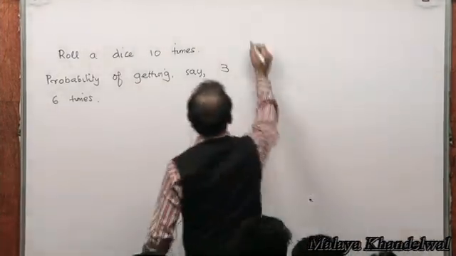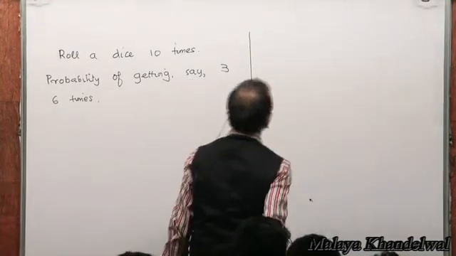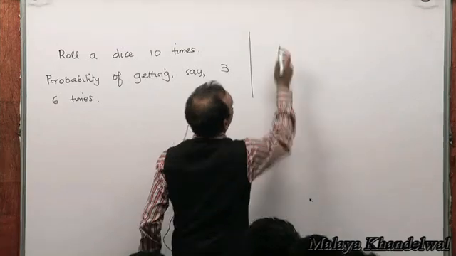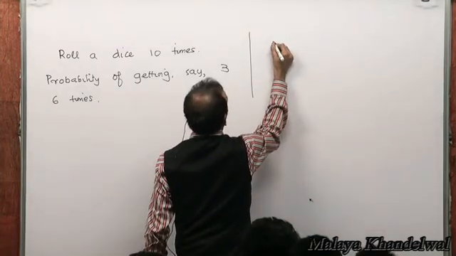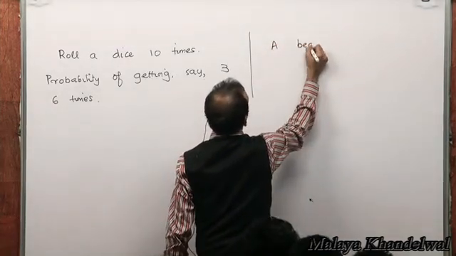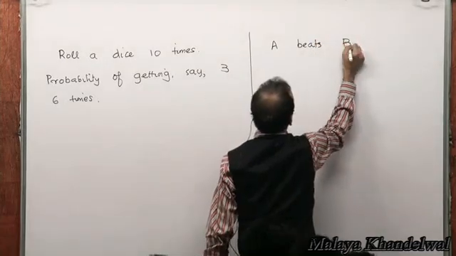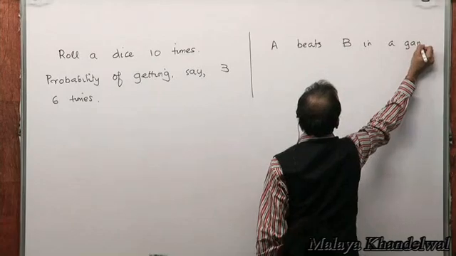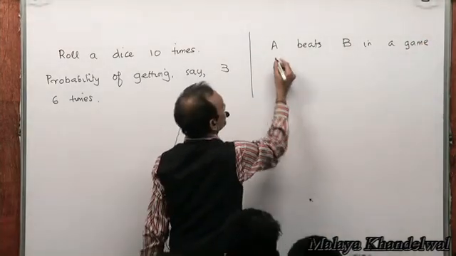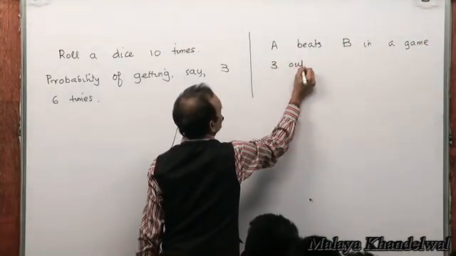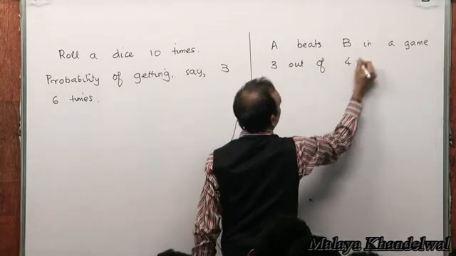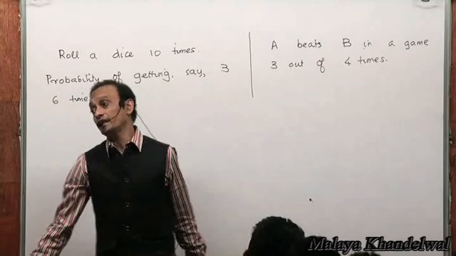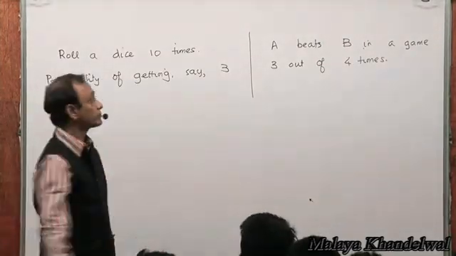Or say A beats B in a game 3 out of 4 times.